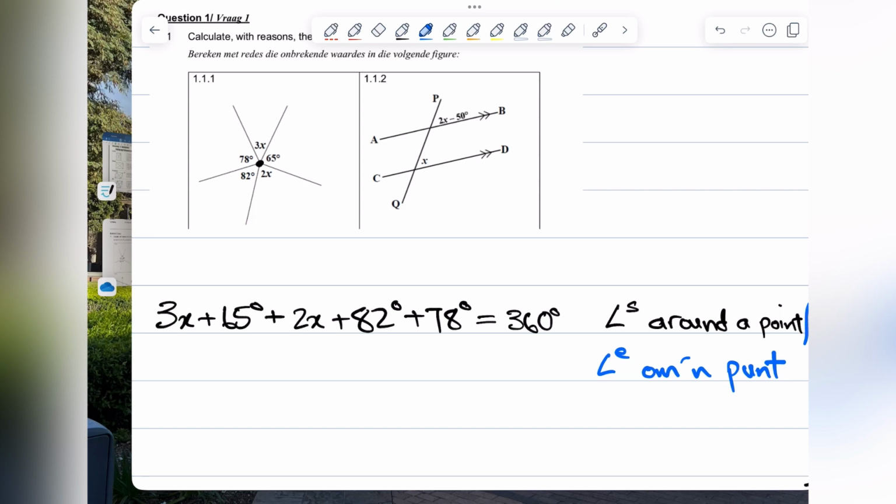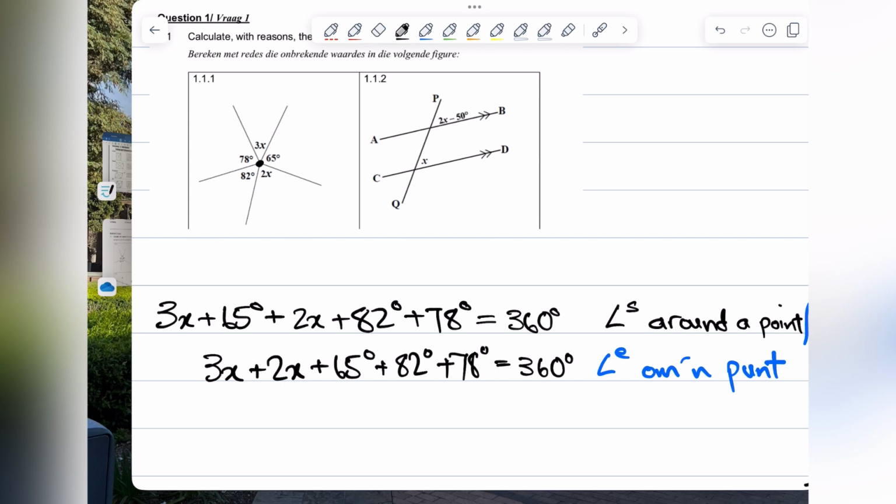So jy het 'n bewering gemaak en die rede moet natuurlik ooreenstem met die bewering. So here we can just rearrange everything so that we have variables and numbers separated. So I will have 3x plus the 2x, and then I can just add up all the numbers, and put it equal to 360.